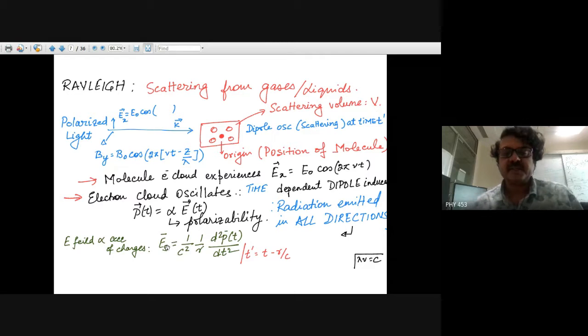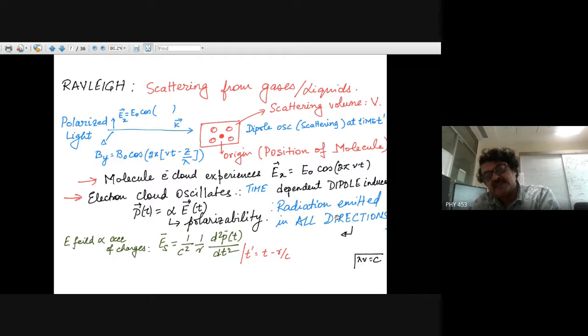So the electric field at any time t at a position r from the origin will be basically this, but this is calculated at time t', because the acceleration was at time t'. The radiation to reach some point r will take some time. How much time will it take? It will take r/c, right?